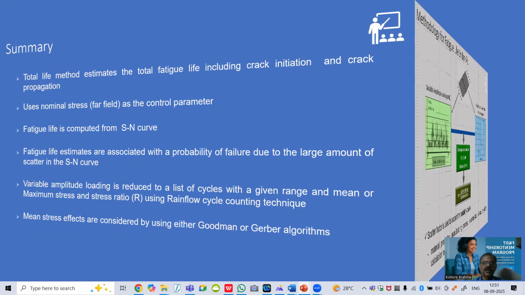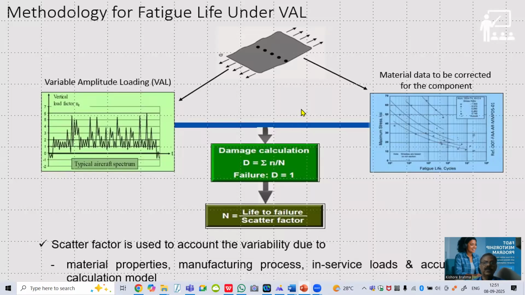So this can be seen in the procedure if you have a joint for which one has to calculate the fatigue life subjected to variable amplitude loading. Obviously, one has to use the rainflow cycle counting technique to find out the stress ratio and which peak and trough forms a cycle. And since it is a joint, assuming that it has a stress concentration factor, one has to use the SN curve of that material with the same stress concentration factor and also different stress ratios.